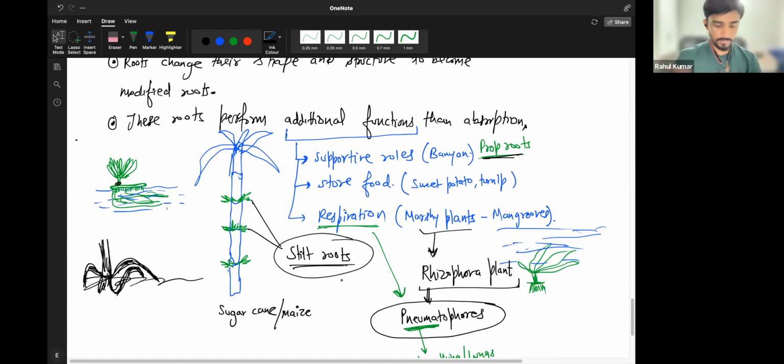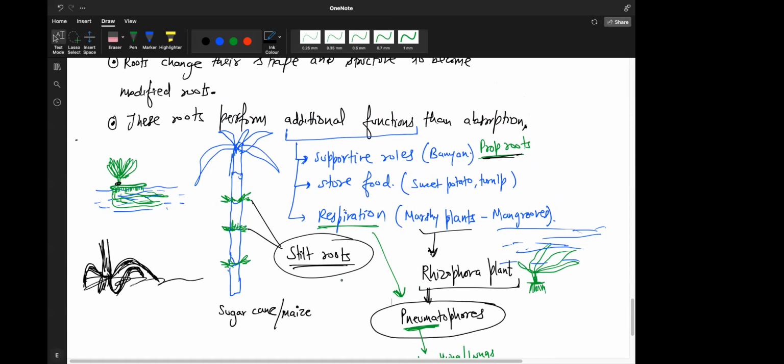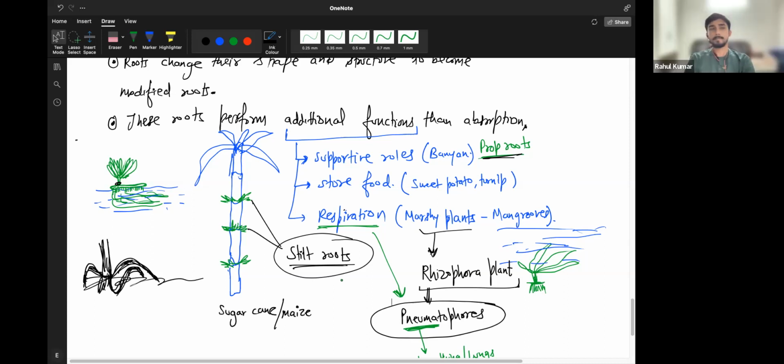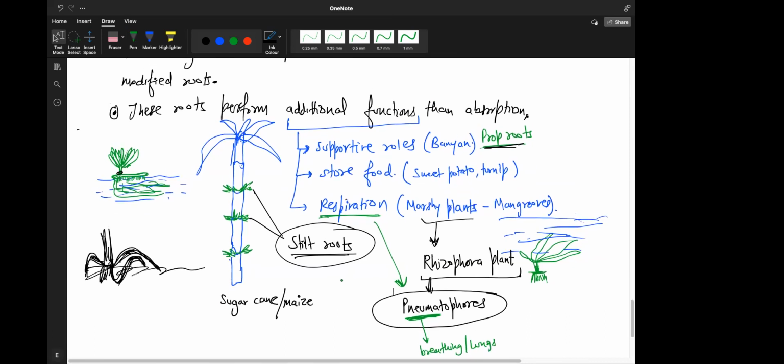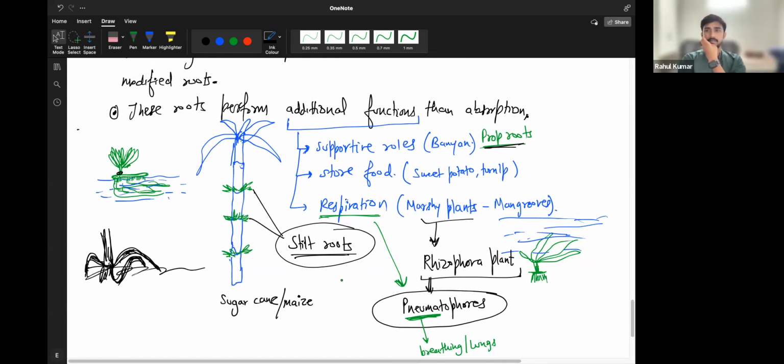Iram and Asha, make sense? So a question. Yes, please. In these areas where mangroves are present, will aquatic animals be there? Yes, it's possible. In marshy areas, many aquatic animals do not thrive because oxygen is a problem, and also it's muddy.